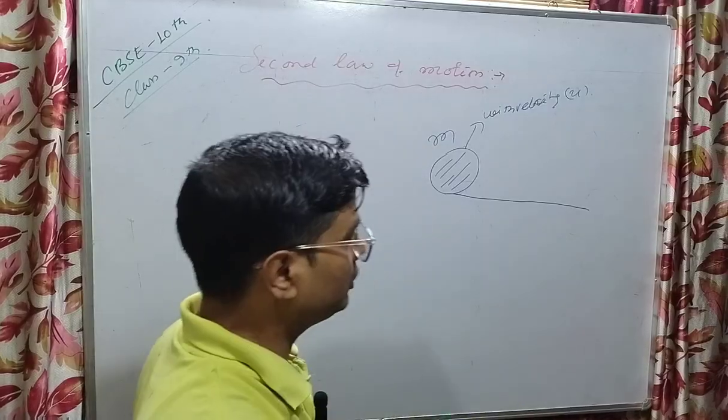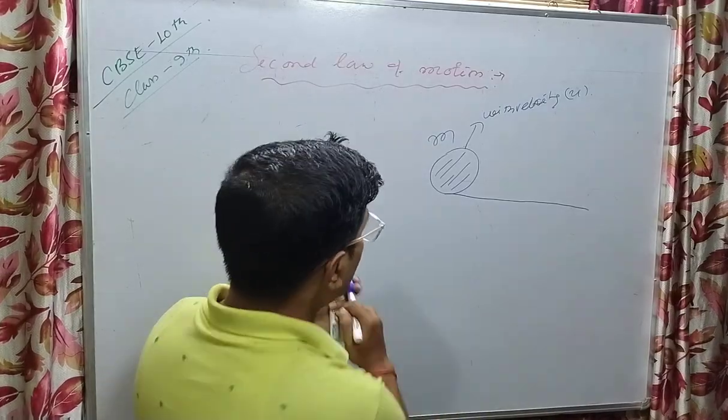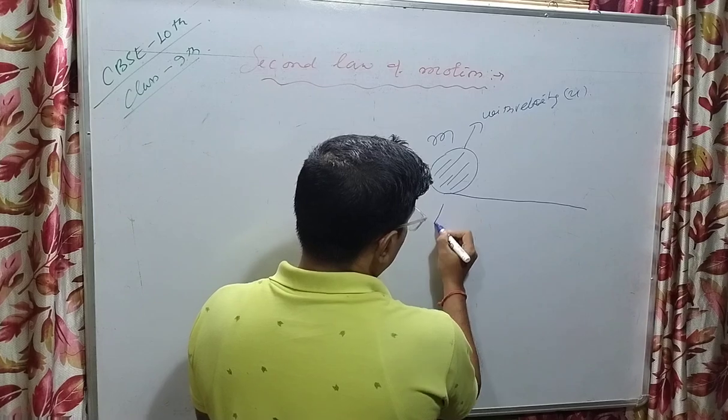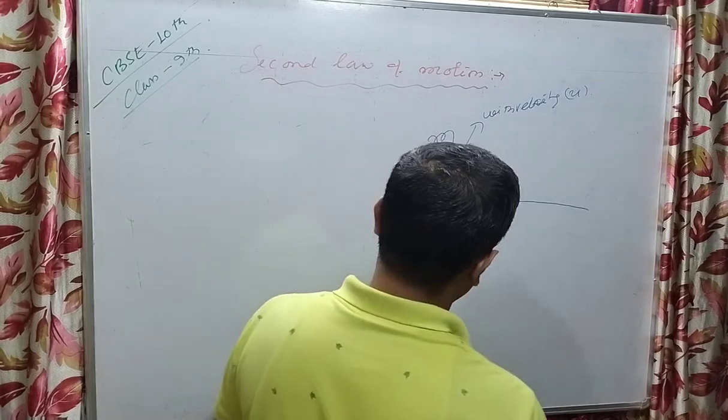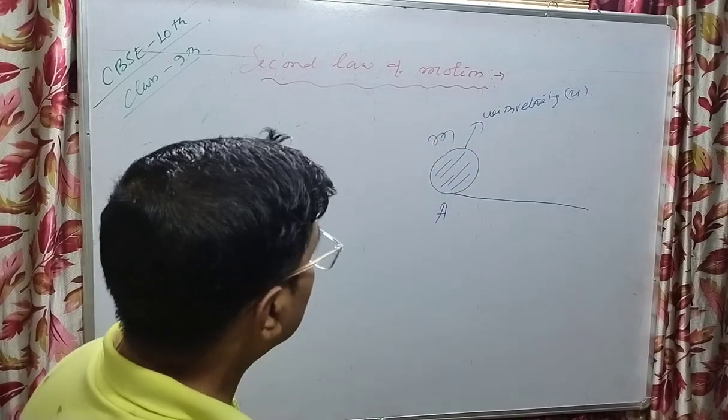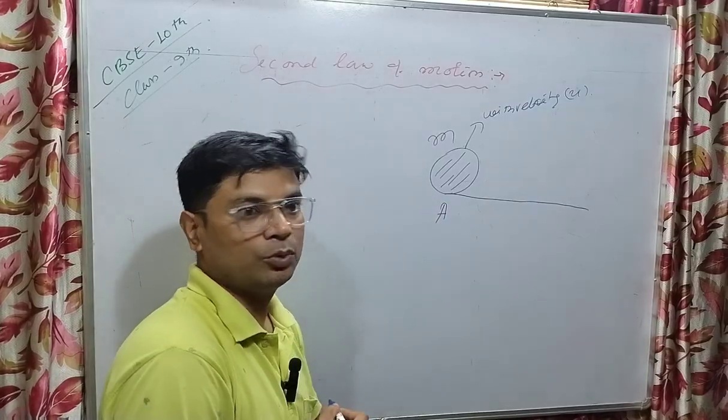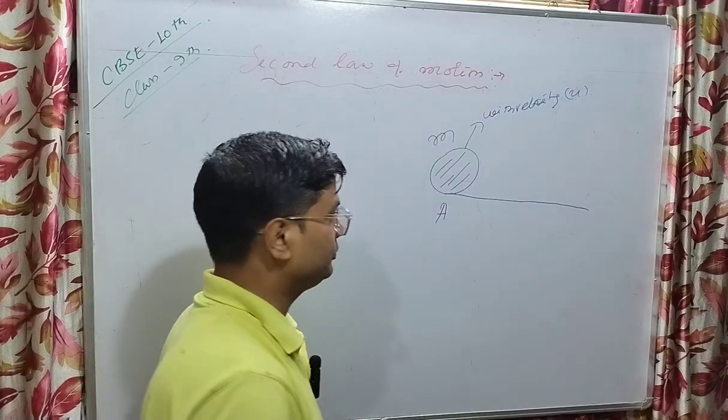That is, the initial velocity of the object at point A is u, and the mass of the object is m.